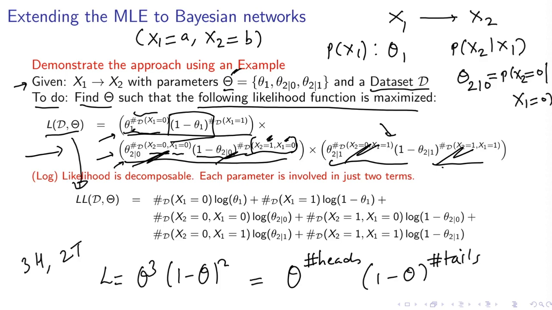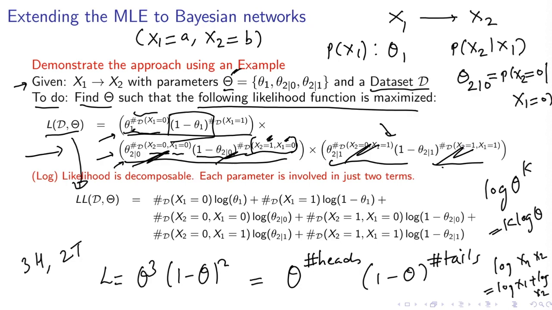If you remember, log of theta to the power of k is nothing but k times log of theta. Similarly, I know that log of x1 times x2 is nothing but log of x1 plus log of x2.